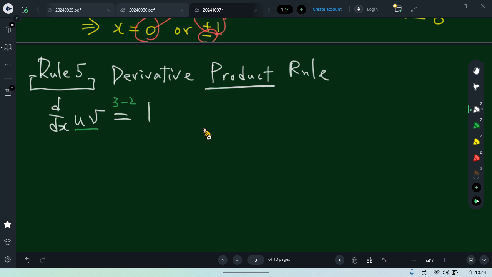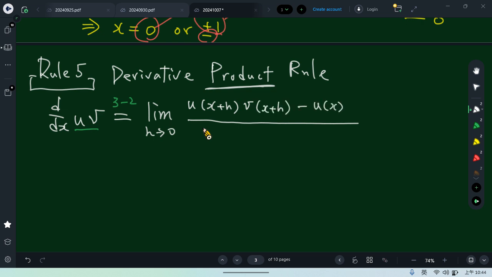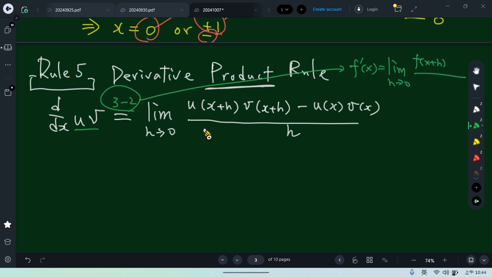It should be the limit as h goes to 0 of u of x plus h times v of x plus h, minus u of x times v of x, over h, right? Because at that time we learned that f prime of x is the limit as h goes to 0 of f of x plus h minus f of x over h. So always keep this definition in your mind.